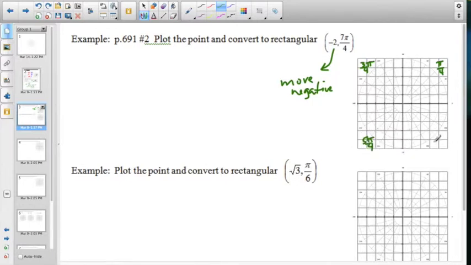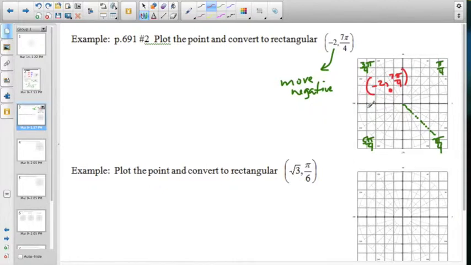Here's our 6 pi over 4, and here's our 7 pi over 4. So if we move along the 7 pi over 4 radial line, we're moving in the positive direction. The fact that we have to move in the negative direction really means we have to move out here 2 radial distances. So here is the point -2, 7 pi over 4.